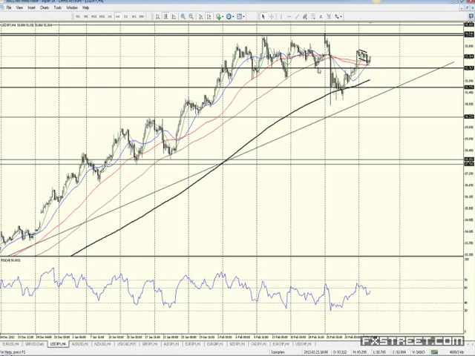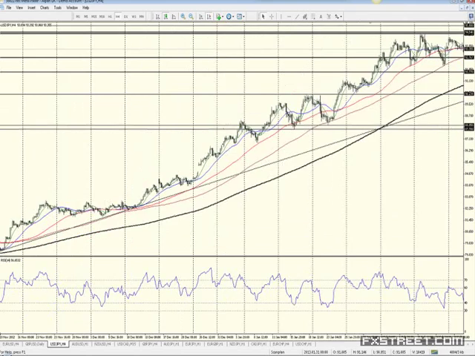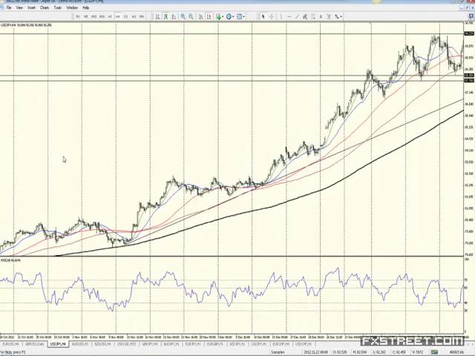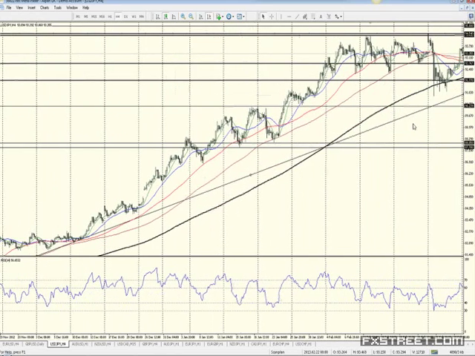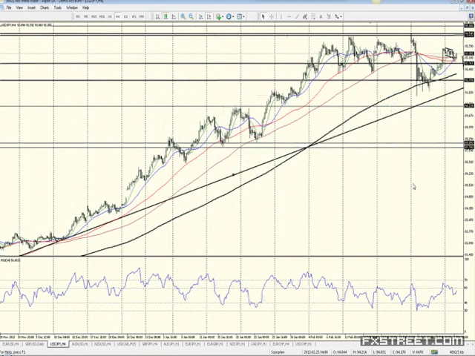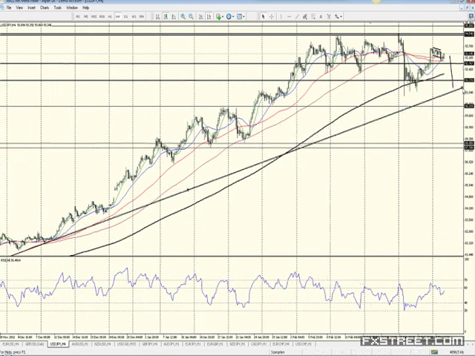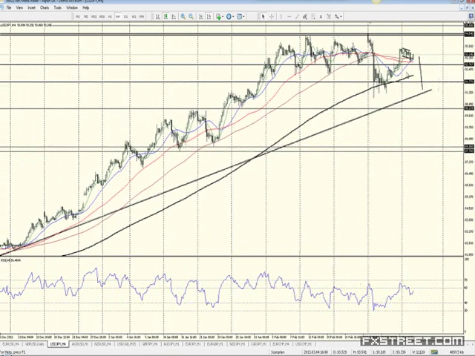In the near term, we need to clear below this 92.75 pivot before putting the pressure back on the 92, 91.70 area down here, and also a rising trend line going back to November 2012. So we still have not topped, and the pressure is still upside, but the choppiness suggests there is a good chance.